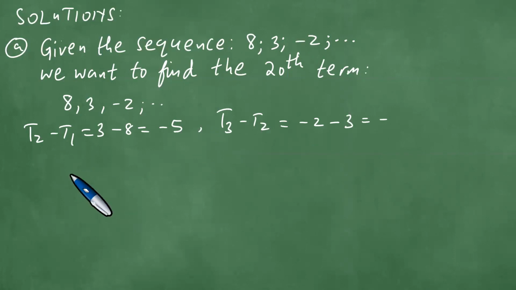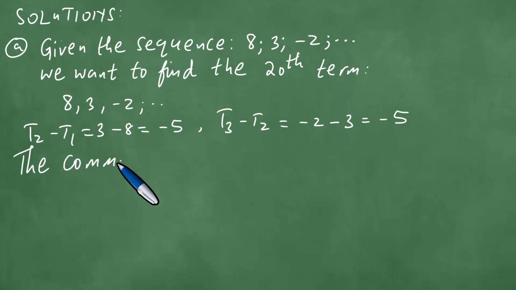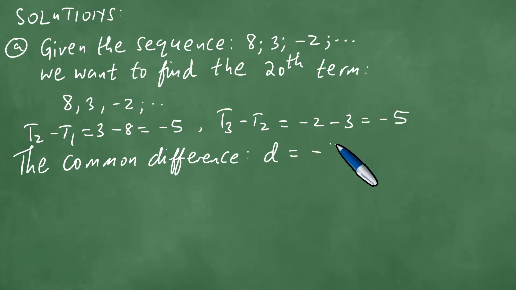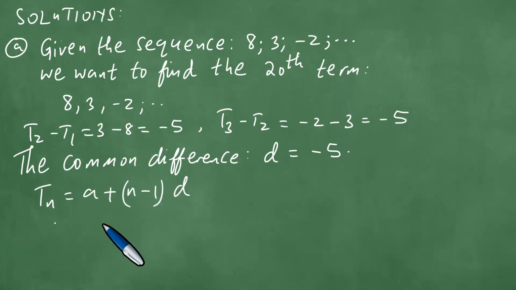So with that said, we need the common difference. What is the common difference? The common difference is D, which is minus 5. The formula is Tn equals A plus n minus 1 into D. What is the first term?